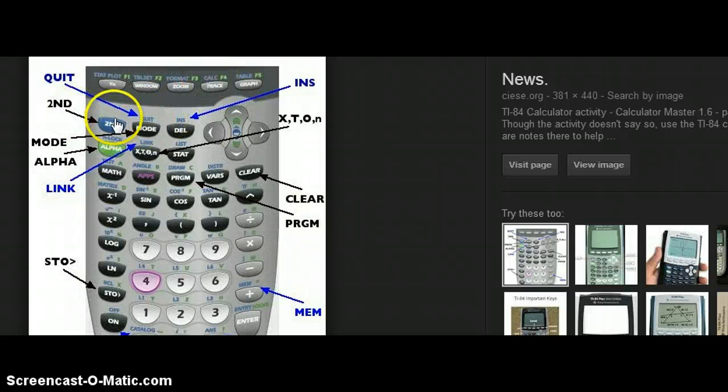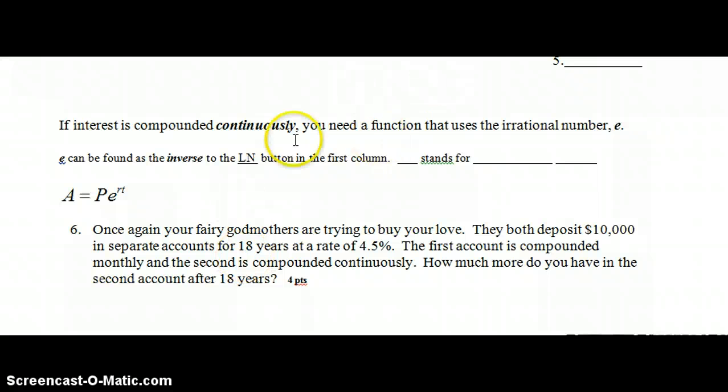Check out your calculator. If you look down this first column, you'll see log, which we're familiar with, and the 10 to the x, and then you'll see ln. And above it, you can't really see on this picture, but it will have an e squared. E is the inverse of all natural logs. So back to this. It's the first button in the first column.